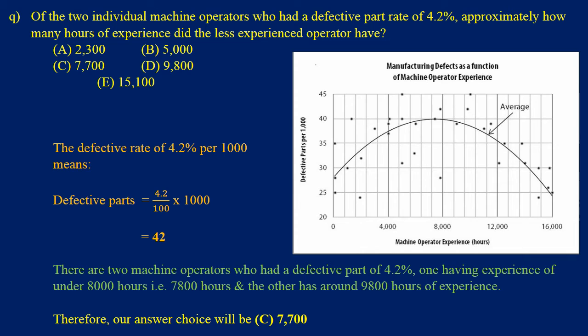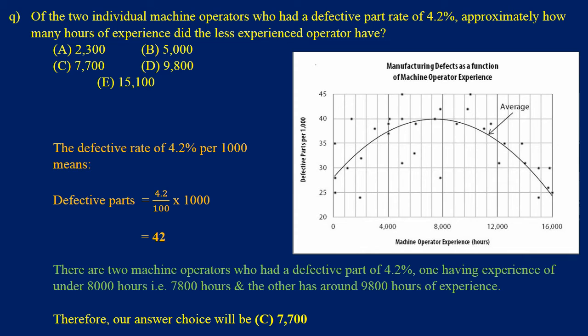Minimum is 0, maximum is 45 defective parts per 1000. Now the question says that of the two individual machine operators who had a defective part rate of 4.2%, approximately how many hours of experience did the less experienced operator have?